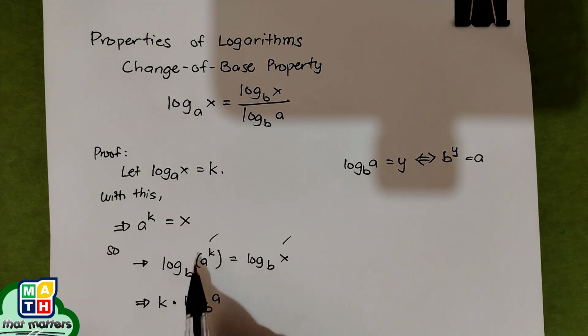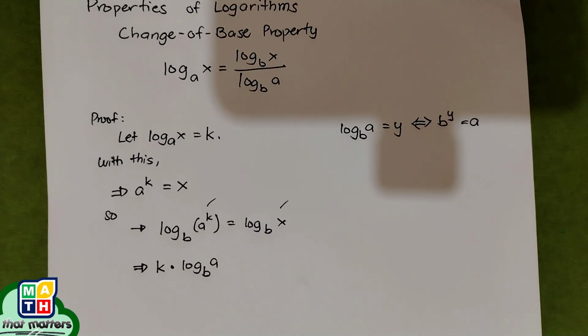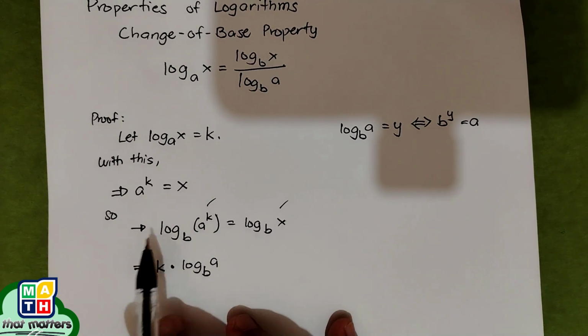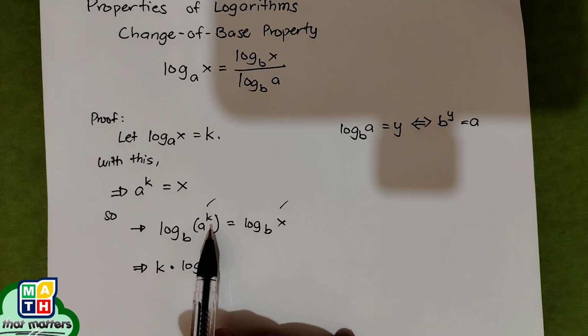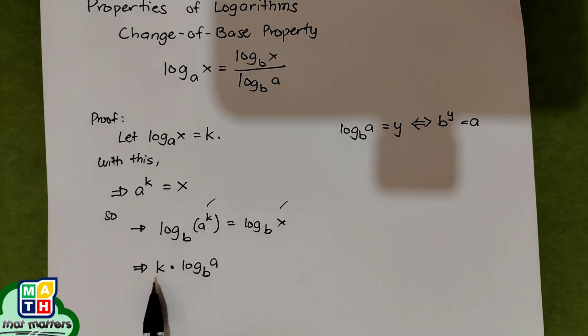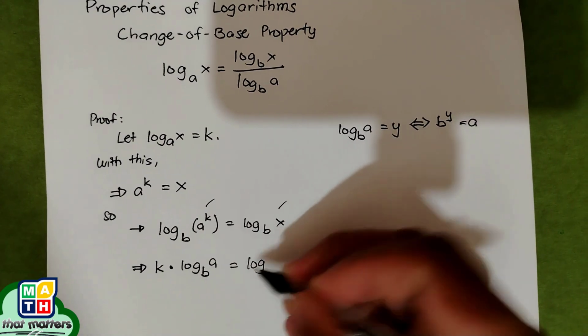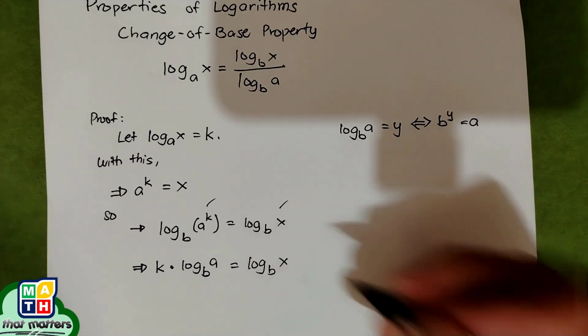These two are equal to one another according to the power property, and you might want to review that specific video proving that. So again, you can simply make this exponent the coefficient of the logarithm of a to the base b. This is still equal to the logarithm of x to the base b.